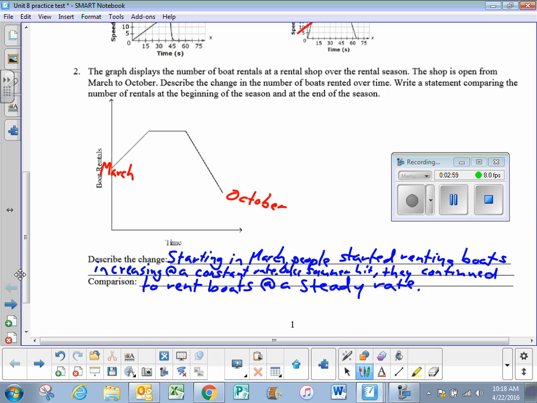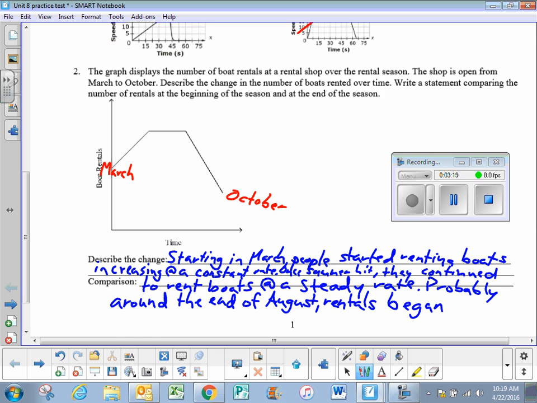Near the end of the season, or probably around the end of August, when people go back to school, right? Rentals began to decrease at a constant rate. And I will give you more space on the test on Monday.